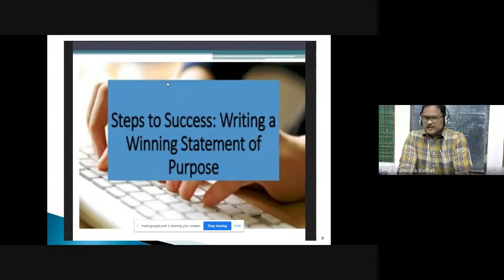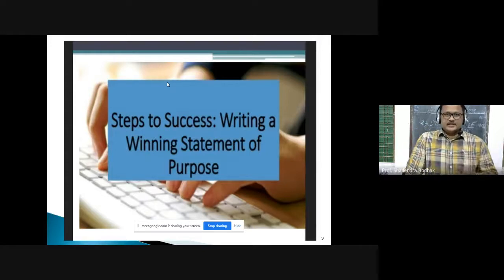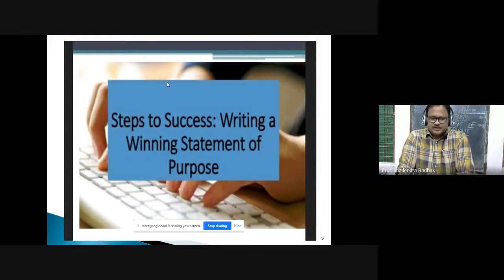That is why, in our textbook, the board has decided to include the writing skill, that is SOP, so that students at this age, you are in 12th standard, should learn how to write a perfect SOP which is not bought from the market, nor copied from the seniors. So here you have to follow the steps of writing a winning statement of purpose.